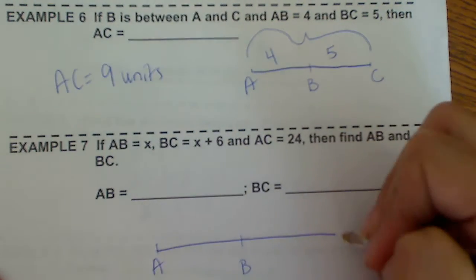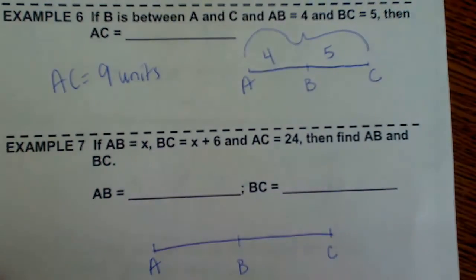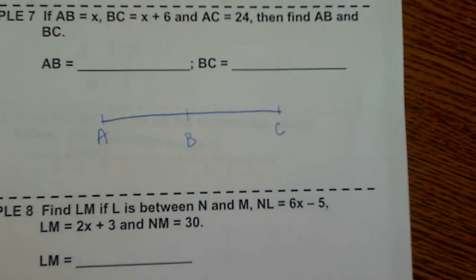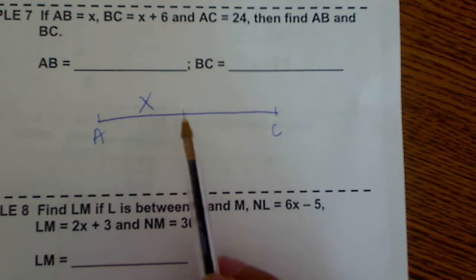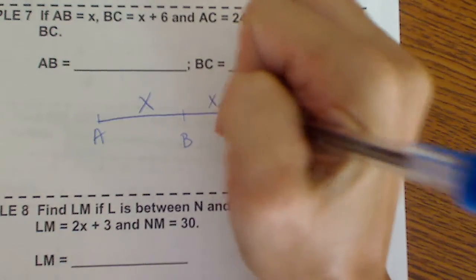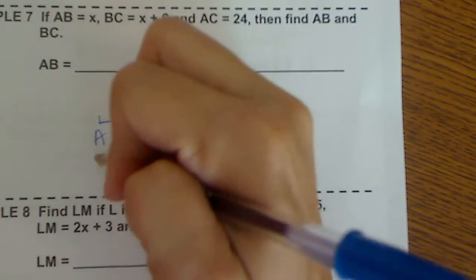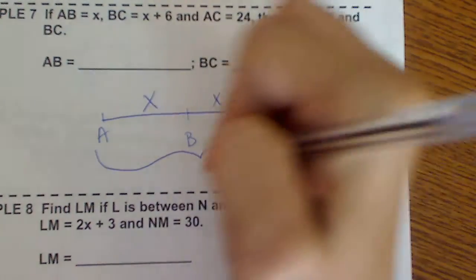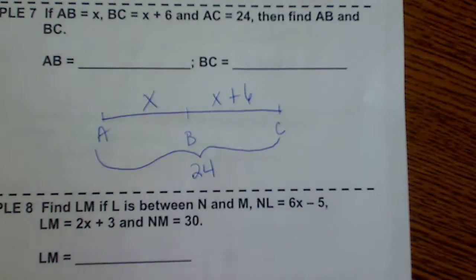I'm telling you B is in between those two. So if A to B is x, and from B to C is x plus 6, and they're giving me the total here, what are they telling me A to C is? 24.